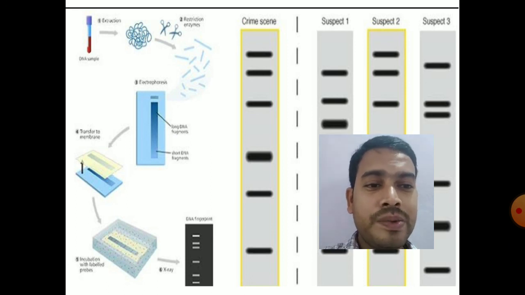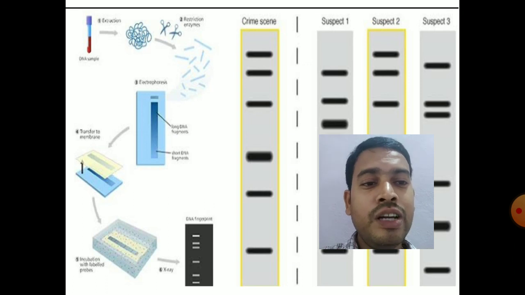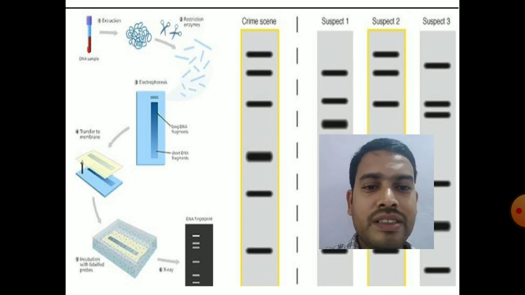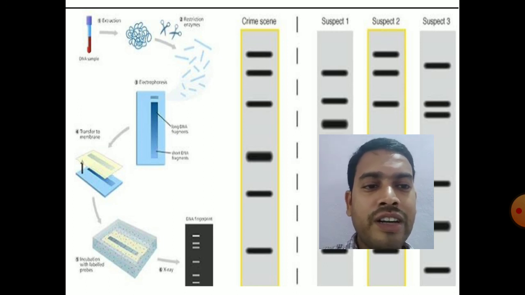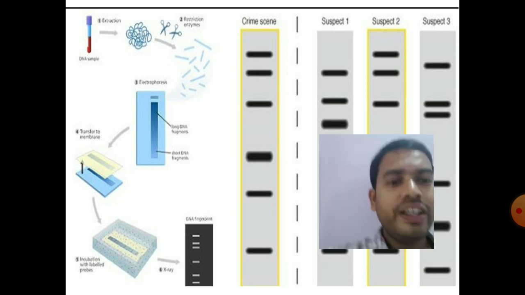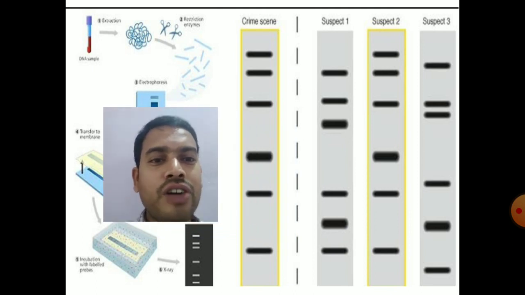If you are using radio labeled probes, the name is not so important, and they are used for probing all four samples. After probing, an autoradiograph is developed by the technique called autoradiography, as I mentioned earlier, and you will get bands on the photographic film as shown on this right side.